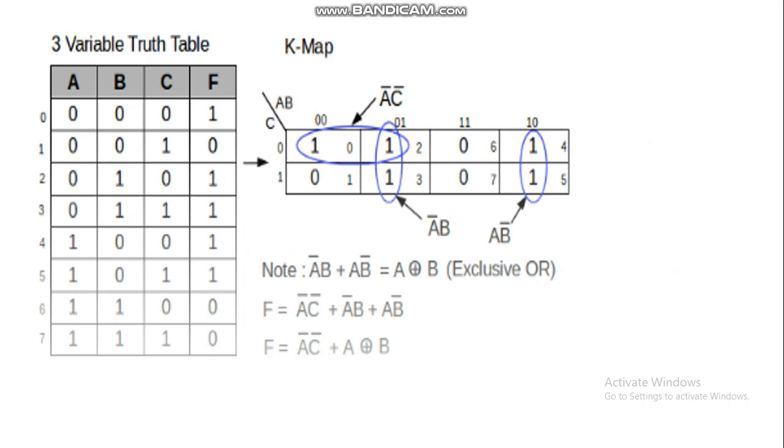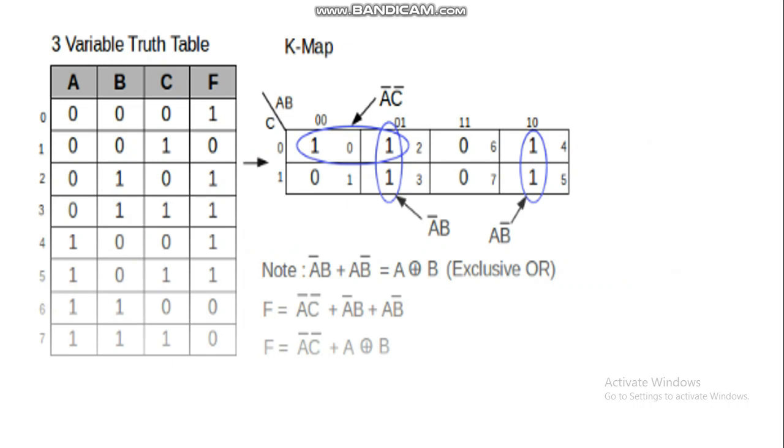So A is constant because in both the cells the value of A is 0, and for B the value is 0 and 1, so it is changing. So we will consider only 0 0, that is A. So the equation for 0 and 2 will be A bar C bar, because 0 is indicated as the negation of the value.